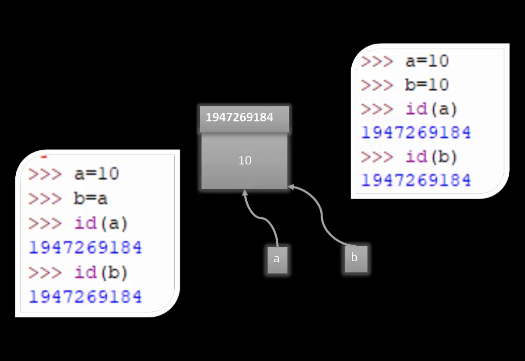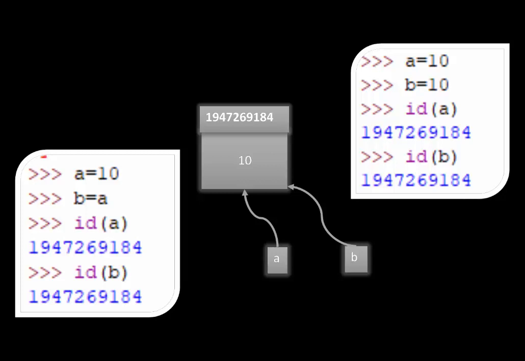So in Python everything is an object. Now you all know what's an object because object oriented programming, C++, is already over. Object means it is a reference variable. It's reference data.